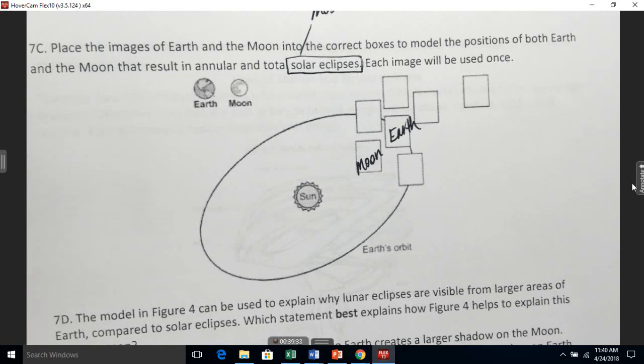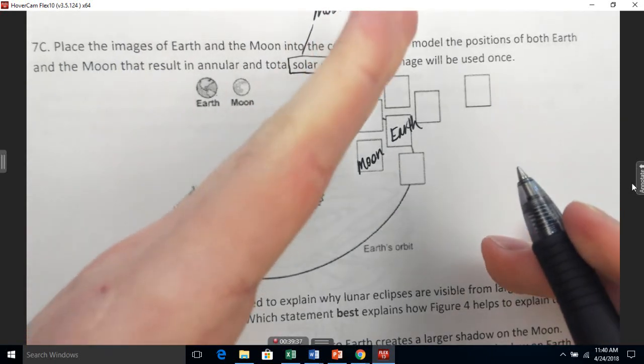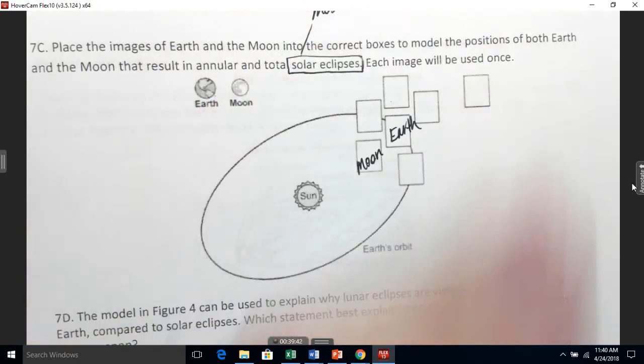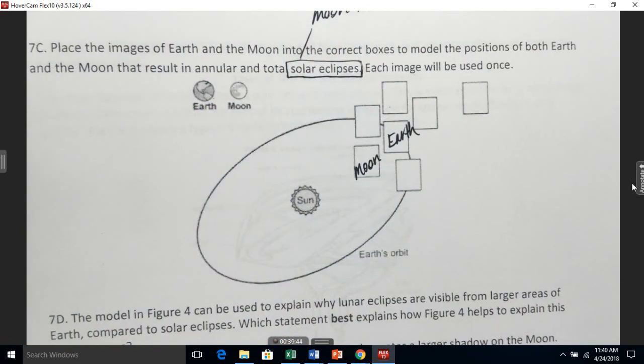They have to be in a straight line. No, if they're over here like this, it's not going to make a straight line. You're going to have a partial. The earth would stick out behind him. This is like the only one I got wrong.